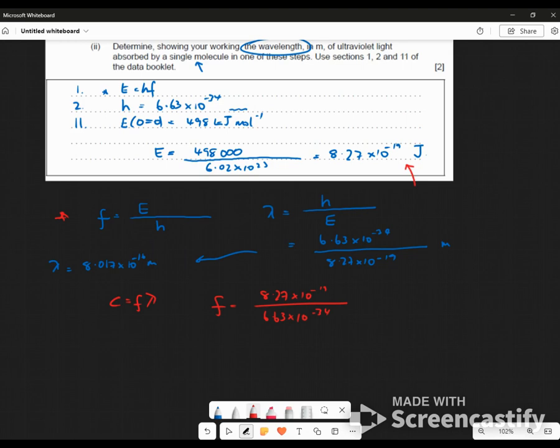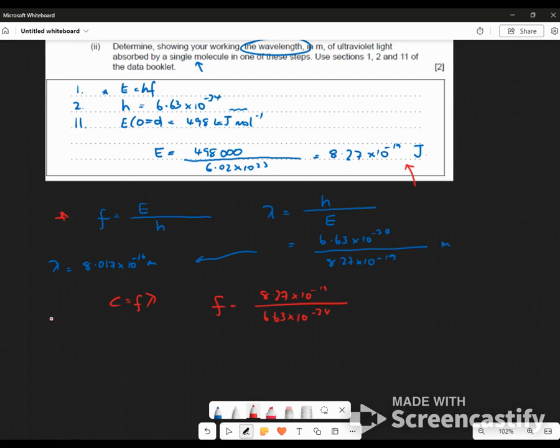So it's 8.27 exponential minus 19 divided by 6.63 exponential minus 34. So the frequency, why doesn't it give it in standard form?